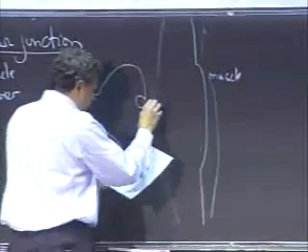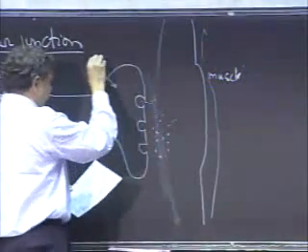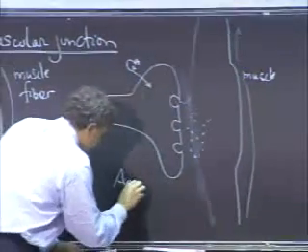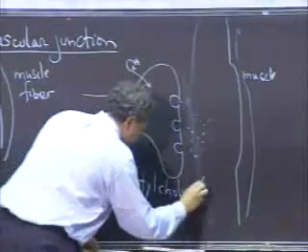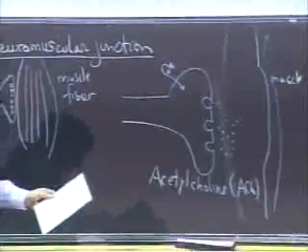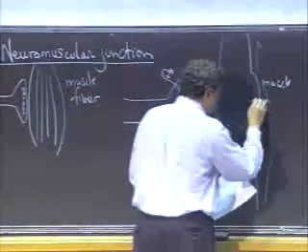They spray out a particular transmitter in response to the calcium influx, and that transmitter is called acetylcholine, henceforth ACh. Acetylcholine is spritzed out into the synaptic cleft.